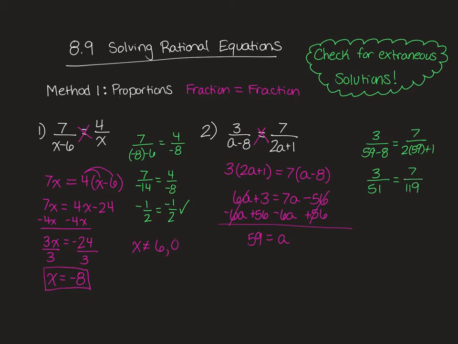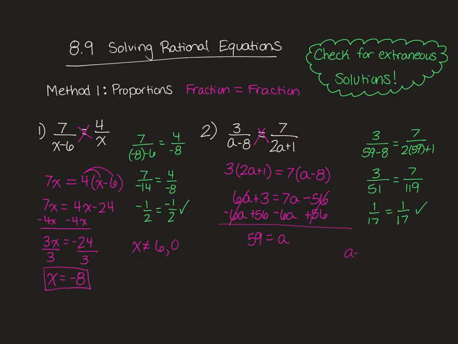And if you reduce those fractions, 3 over 51 can be reduced by 3, so you get 1 over 17. And 7 over 119 can be reduced by 7. You still get 1 over 17, so it works. Another way to think about it, look at your restricted values.